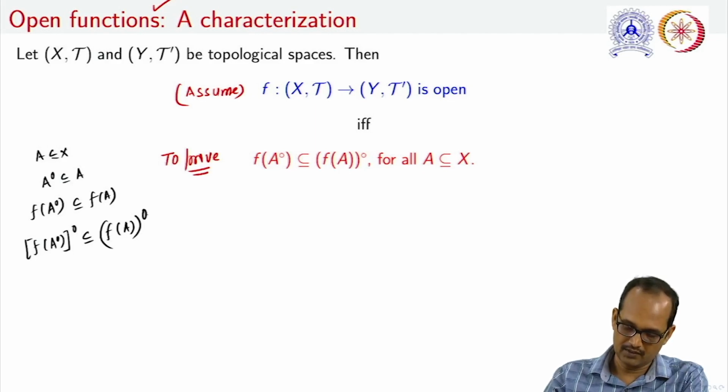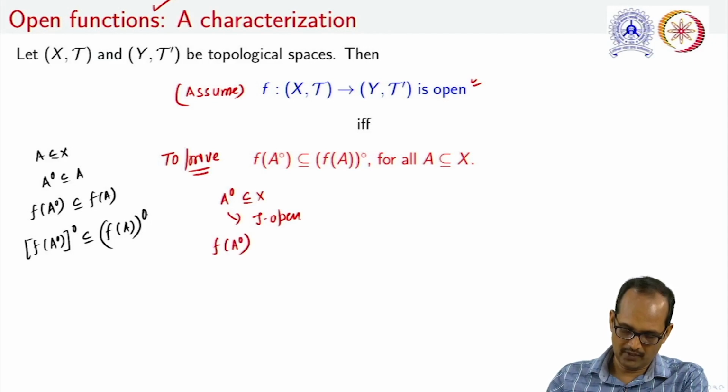But note that this map is open, and interior of A, which is a subset of X, is tau open. So by openness of f, f of interior of A is tau' open.